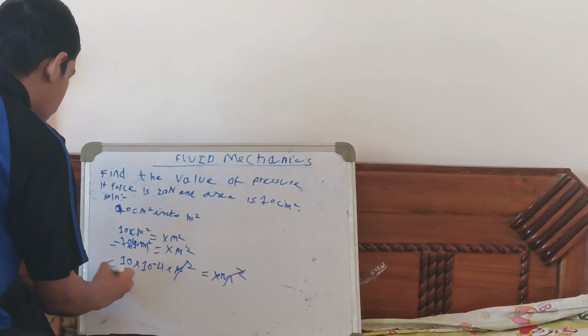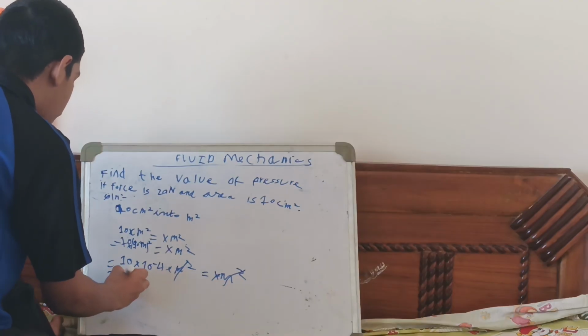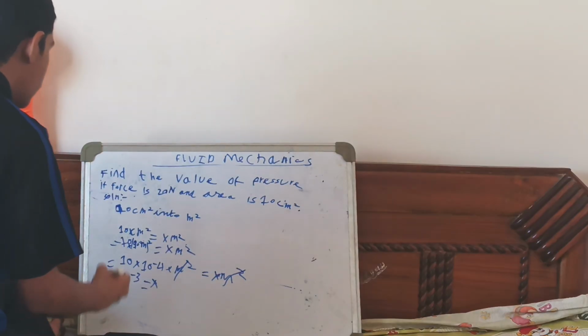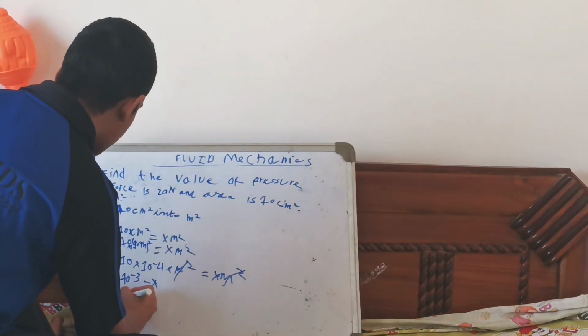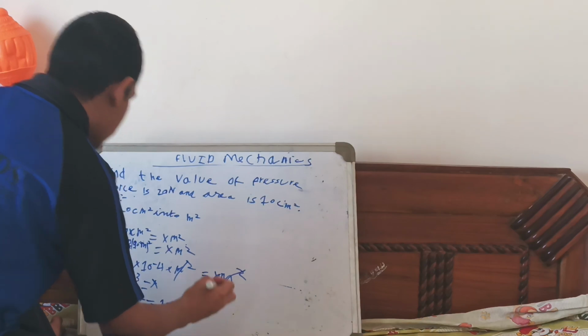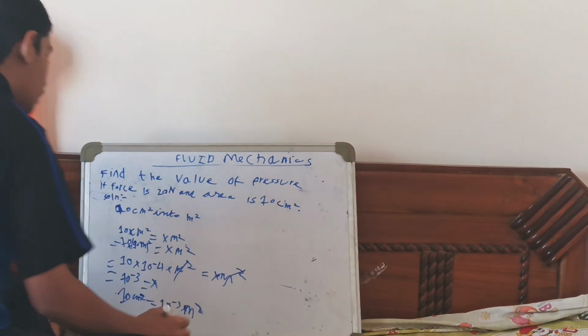So it will be 10 power minus 3 equal to x. So if we convert 10 centimeter square, it will be 10 power minus 3 meter square.